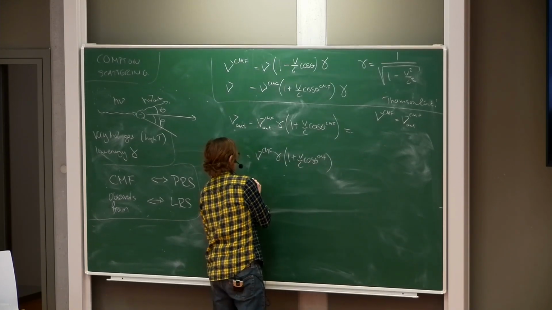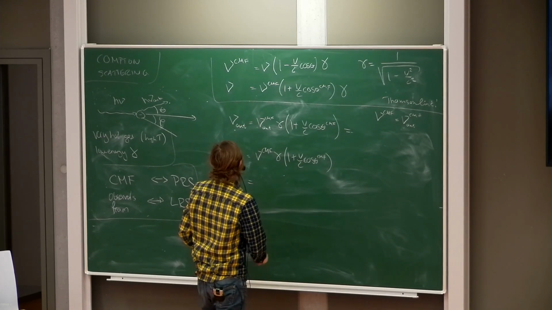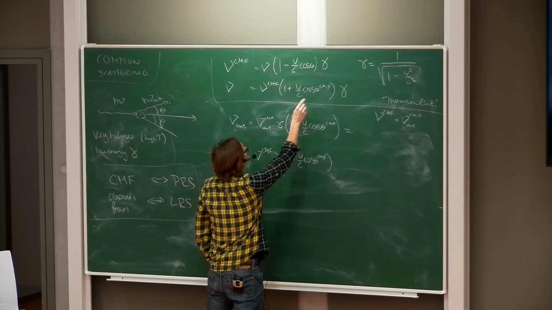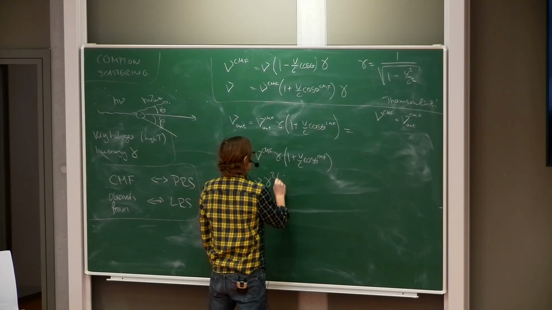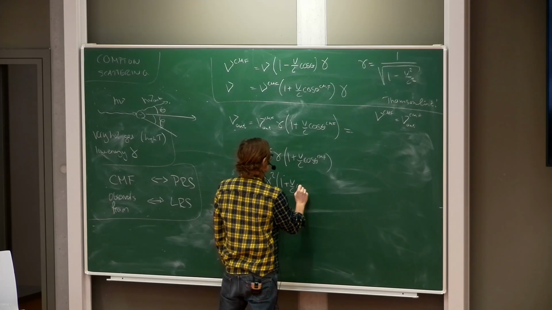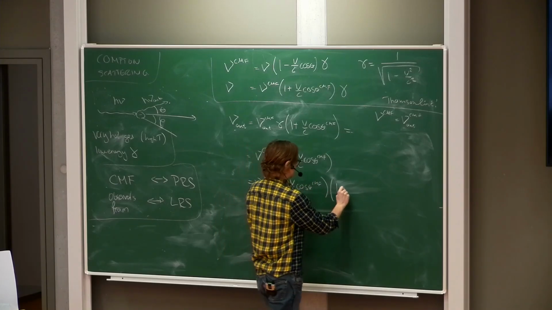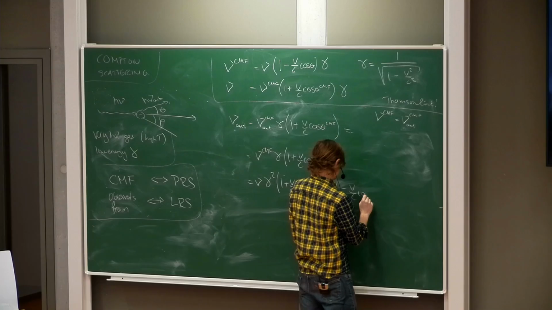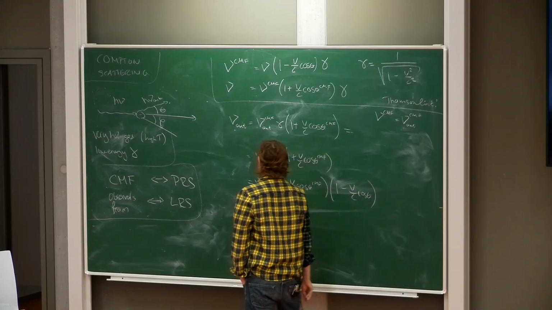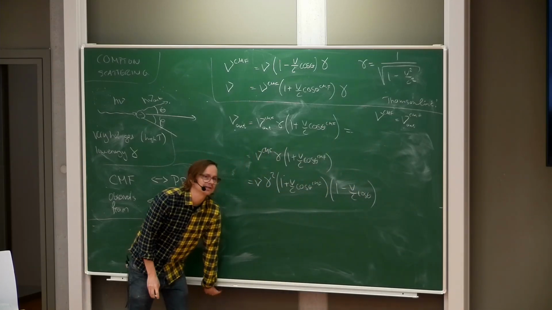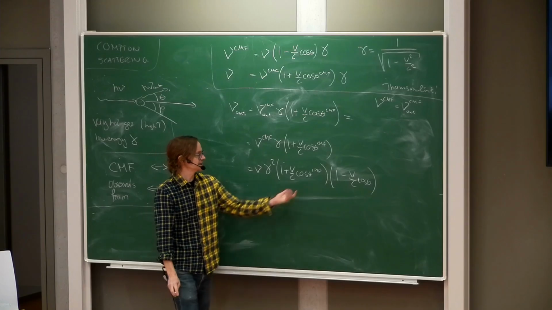And then we can use this again to get nu gamma squared times 1 plus V over C cosine of theta CMF, divided by 1 minus V over C cosine of theta. And we can actually see here that from this we can get an angle shift.